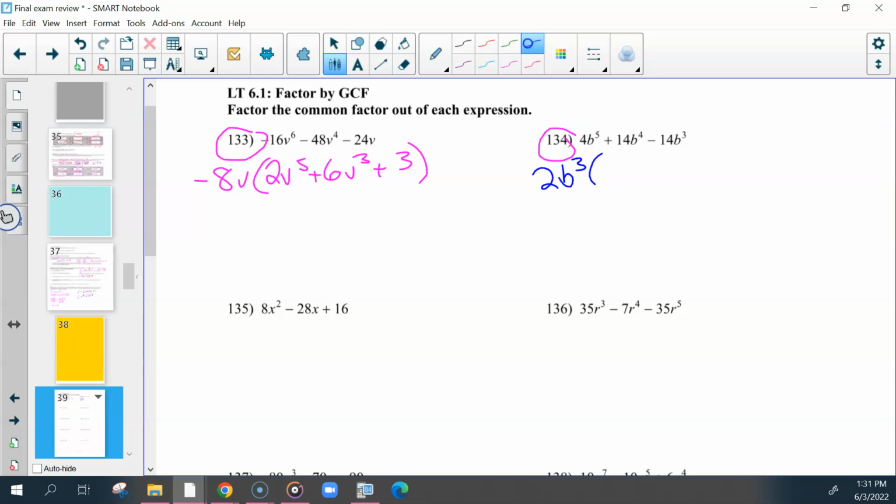If I divide out 2b to the 3rd, this would give me 2b squared plus 7b minus 7. The inside doesn't have anything else we can divide out, so that would be our final answer. Do we have any questions on that one?